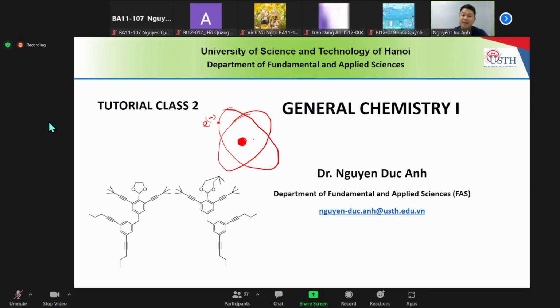This is namely the nucleus, which contains protons and neutrons. Electrons have a charge of -1, or negative charge. Protons have a charge of +1, and neutrons have a charge of 0.